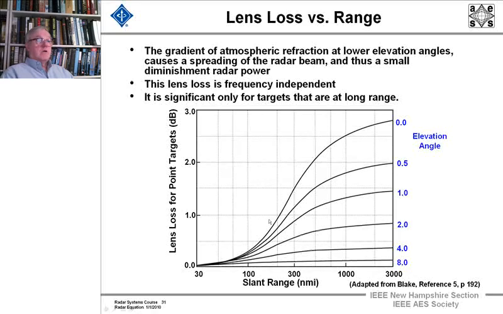If you're very close to the surface of the Earth, at a very low elevation angle, at a slant range of 1,000 nautical miles, you can have a very significant lens effect loss. It's independent of frequency, and it's only significant for targets of very long range and low elevation angle.